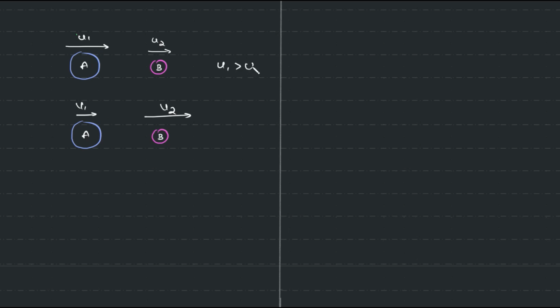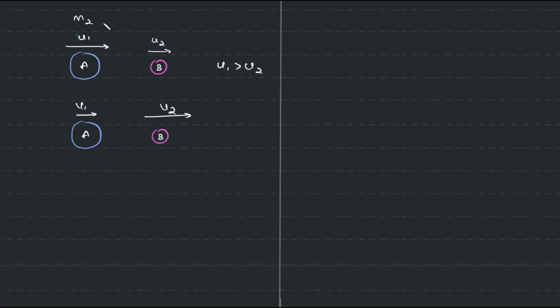What we have is two objects with some velocity and stuff, and after the collision, the velocity changes. This is V1 and this is V2. So we need to mention few small facts. This is U1, U2.